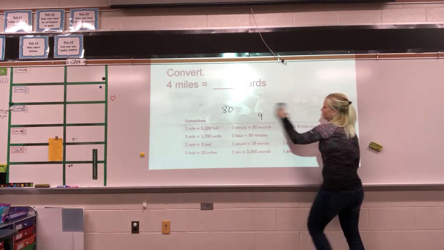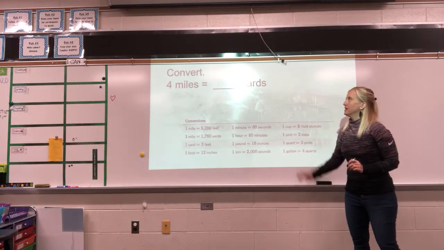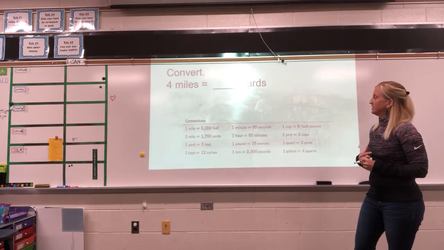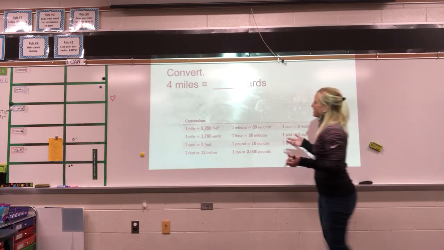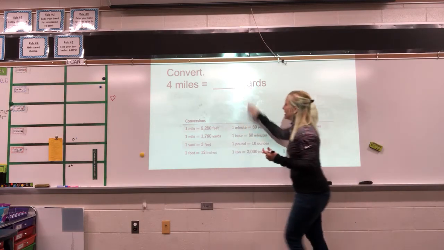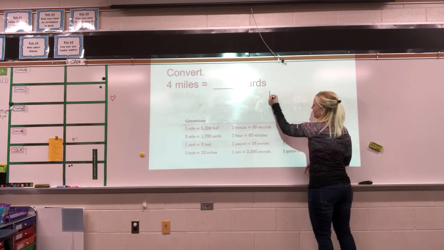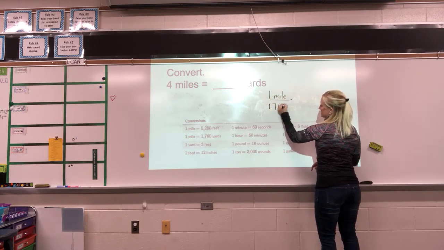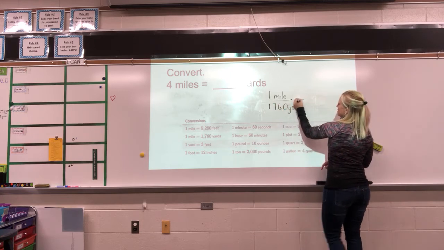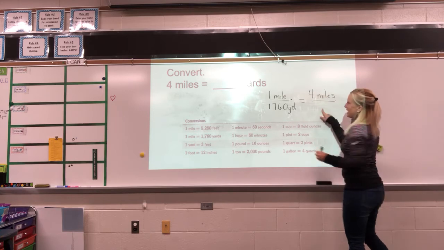Okay, let's try to convert. I think we've got 2 more converting problems to practice, and then we'll be done with this one. So go ahead and try it. Okay, so 4 miles is how many yards? Well, I know, looking down here, 1 mile is 1,760 yards. So 4 miles then is going to be how much?